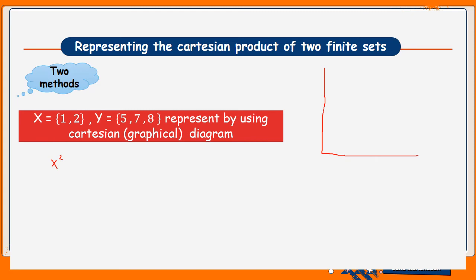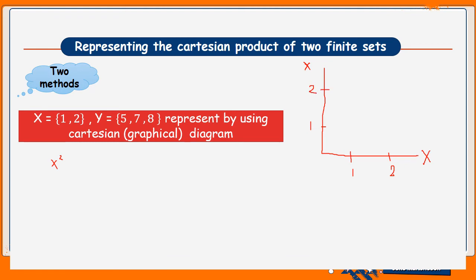The horizontal line will be x and the vertical line will be x, because it is x cross x. We want to plot 1 and 2 against 1 and 2.